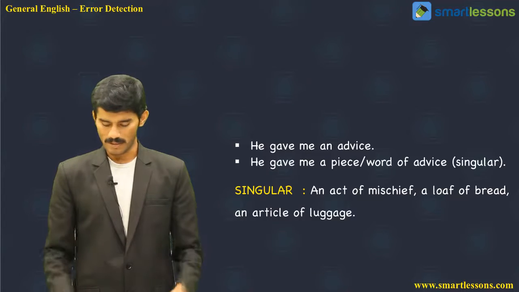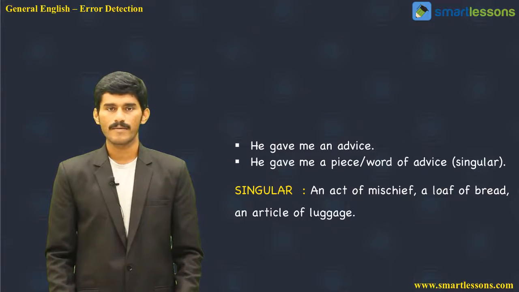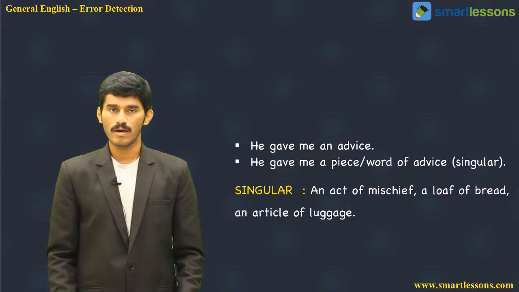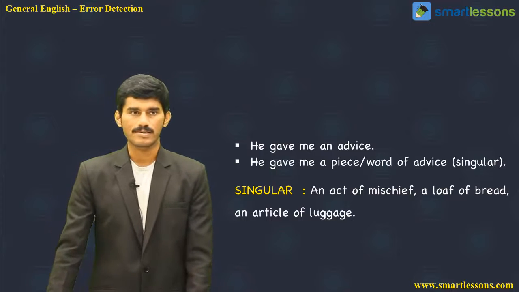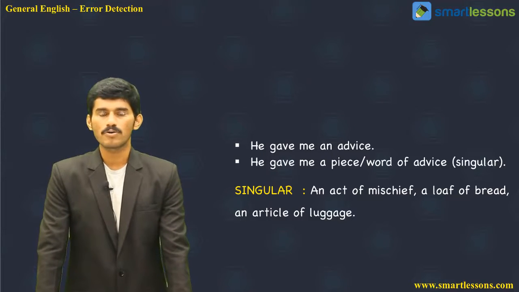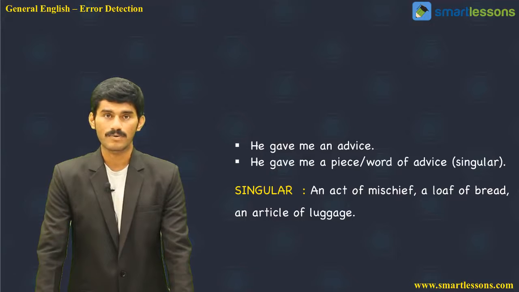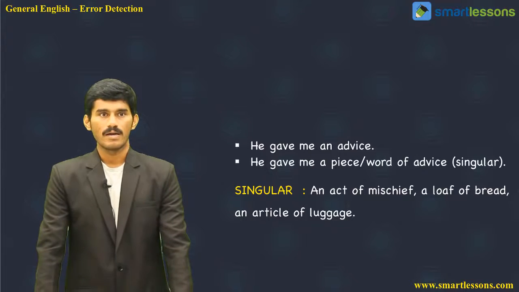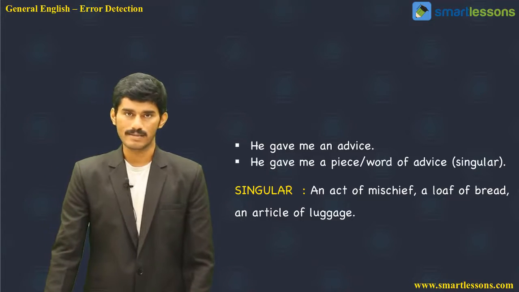Because it is an uncountable noun, you cannot place a or an before it. A or an are placed only before countable nouns. Next, if you want to make these uncountable nouns singular, you have to add words like a piece of, a word of, an item of. Let's see. An act of mischief, you can say.